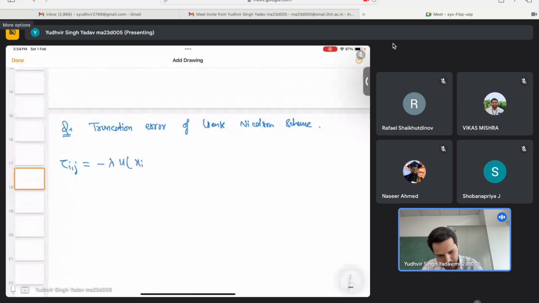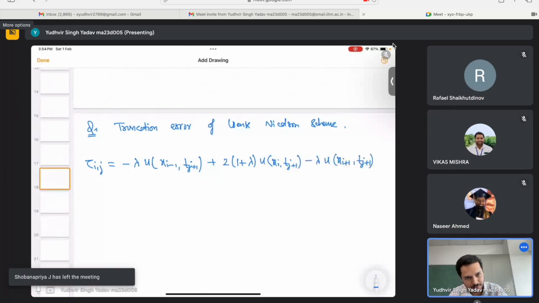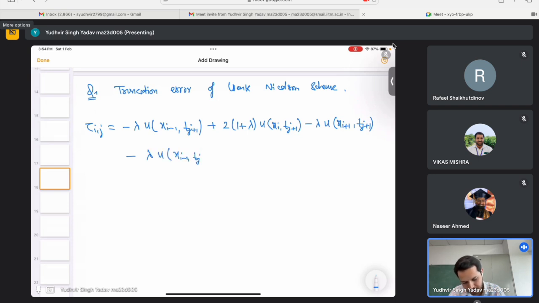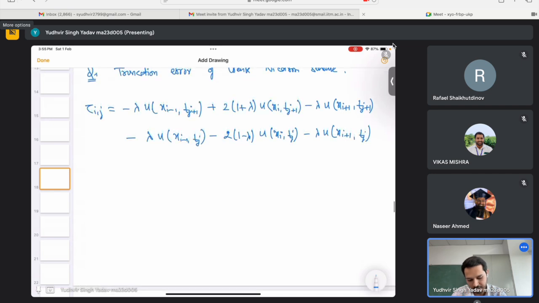is minus lambda u x i minus 1 t j plus 1 plus 2 times 1 plus lambda u x i t j plus 1 minus lambda u x i plus 1 t j plus 1, and taking the right hand side also on the left hand side, it will be lambda u x i minus 1 t j minus 2 times 1 minus lambda u x i t j minus lambda times u x i plus 1 t j. So this is the form we have for the truncation error in terms of x i and t j.